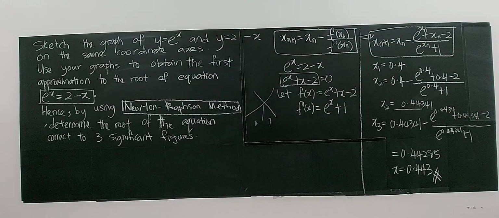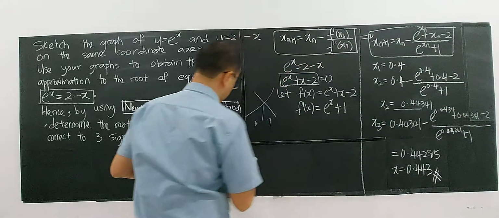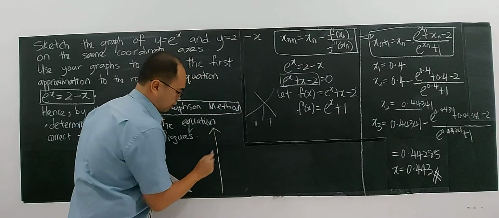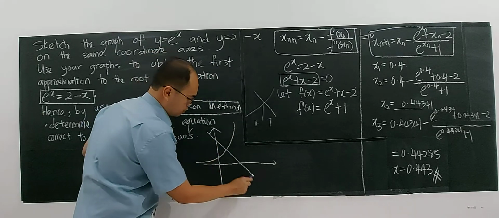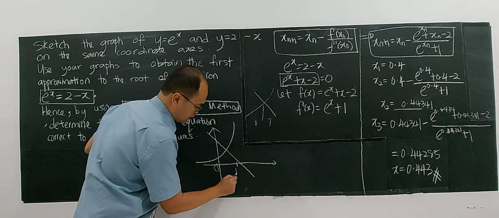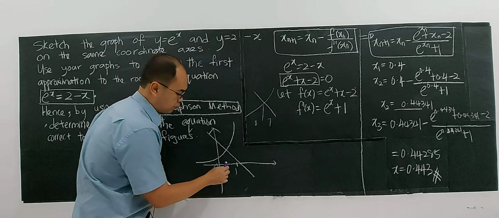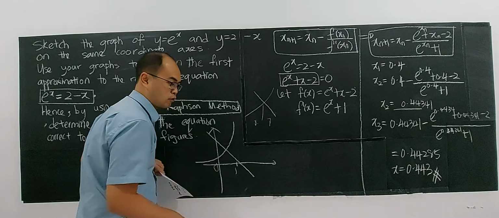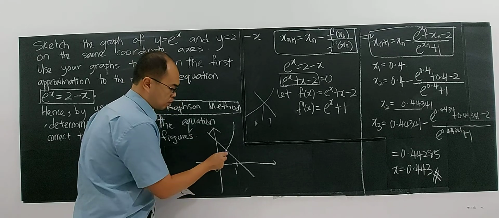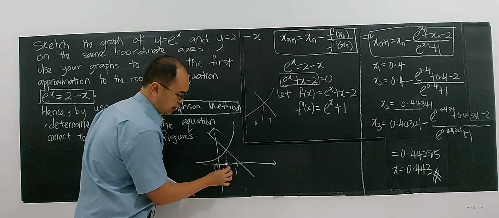This is powerful. Why? Because just now, when we were sketching, I already told you we can only know that the value is between 0 and 1. Some will say 0.5, some will say 0.7, some will say 0.4. For me, I said 0.4 because it's nearly less than half of the interval.